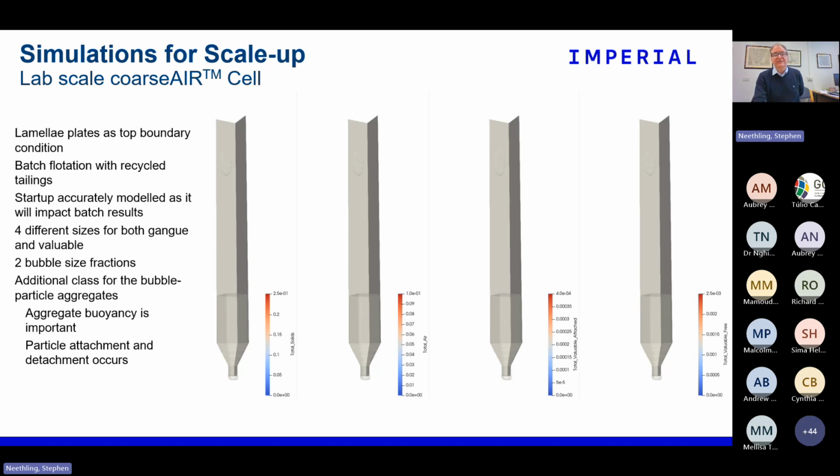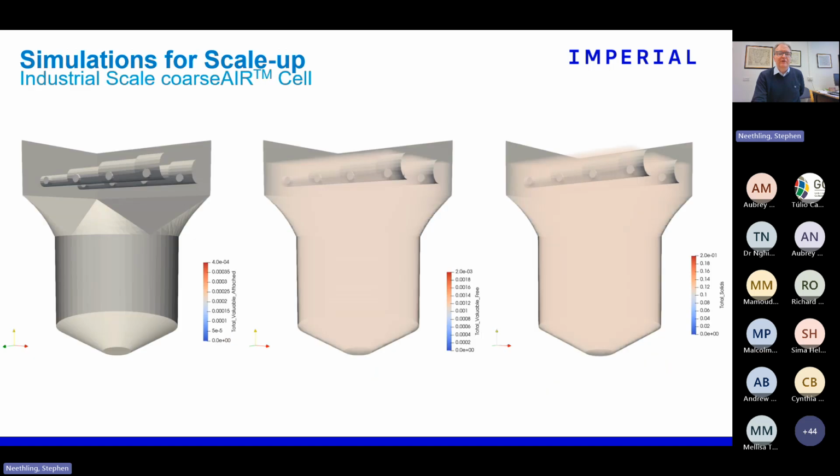And once we had gained the sort of confidence at the lab scale, we could move on to industrial scale simulations. So this is, I have to remember the size, I think it's 1 cubic meter or maybe 2. I think this one actually might be the 3 cubic meter cell. Anyway, we were simulating them at a variety of different scales.